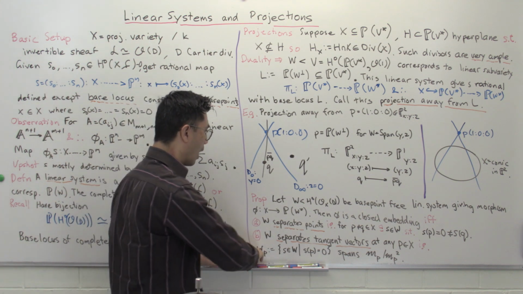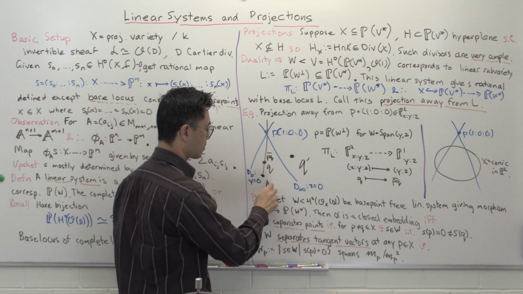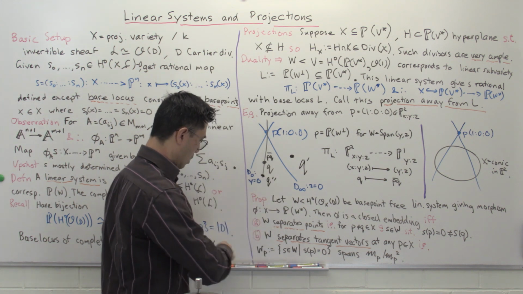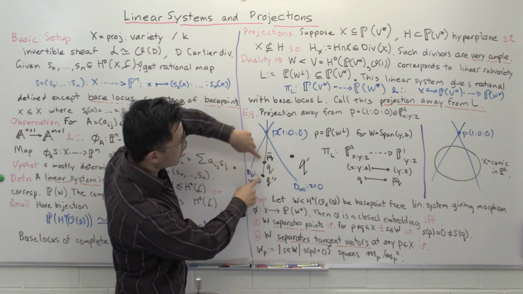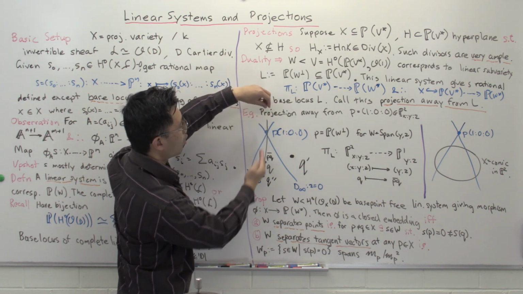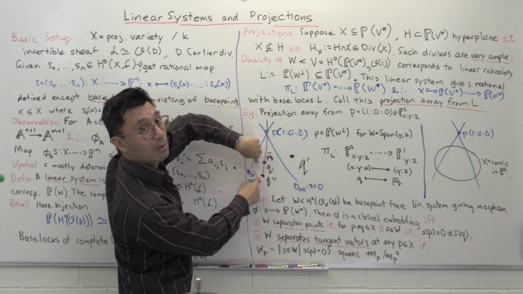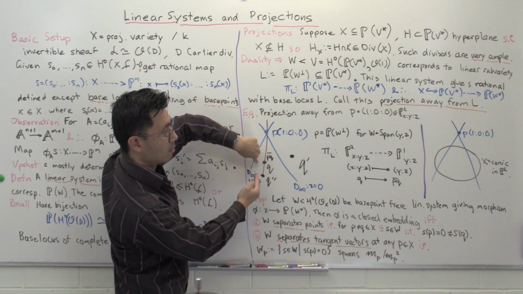However, it doesn't separate this point from another point like this. If you have these two points, there's only one section, up to scalar, which is 0 at Q, and that one is also 0 at Q double prime. So it doesn't separate them.